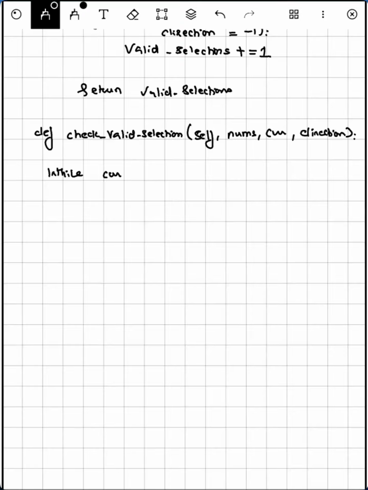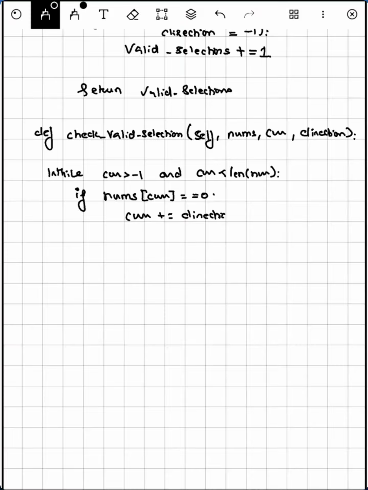While the pointer is greater than or equal to 0 and the pointer is less than the length of nums, what I'll do is check the first condition. If nums of cur is equal to 0, then I don't do anything. I will just increment my pointer, which is equal to moving in the direction.